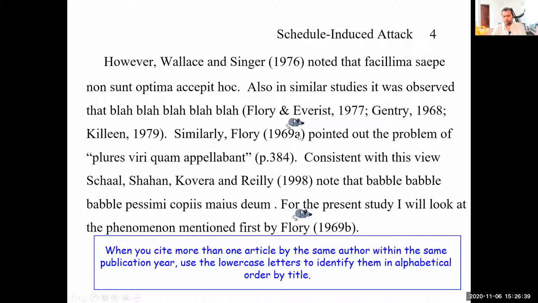Which one is A and which is B is determined by the title. If the title starts with the letter that comes first, we give the A, and if the other title starts with a later letter, then you give the B for that one. So that's how it appears.